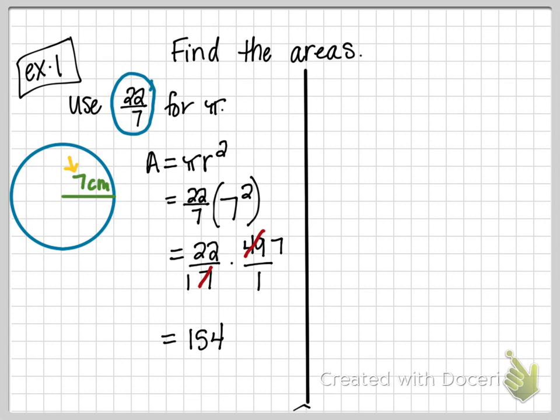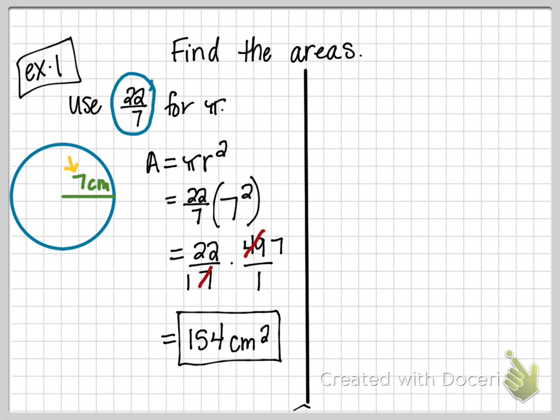For area, because we are looking at a flat space that's taken up, it's units squared. So this would be centimeters squared would be the area of this circle. So that's using 22 over 7. It's nice because it allows you to have a whole number in your answer.